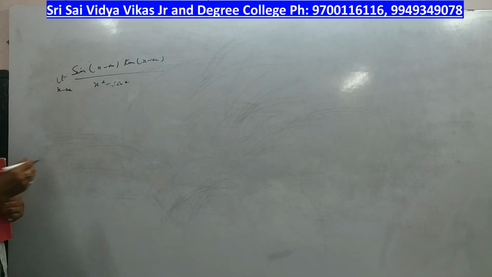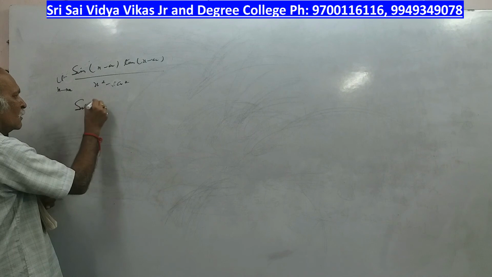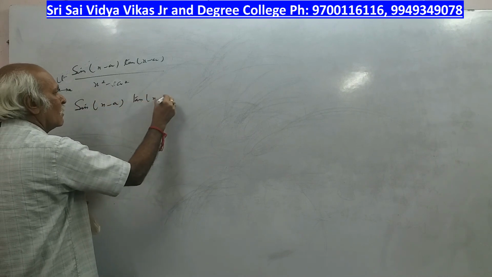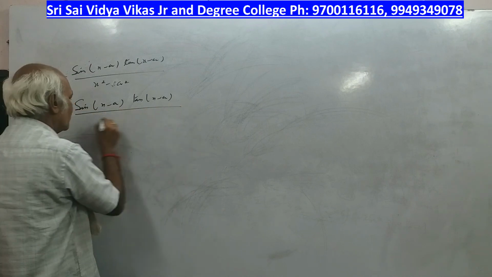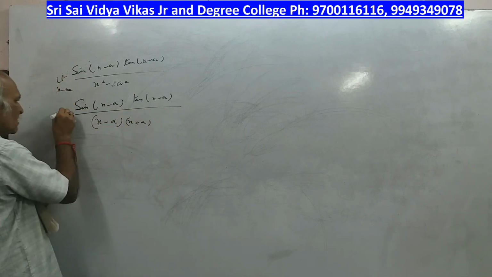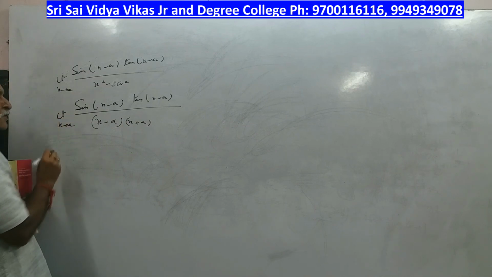X tends to a. Now what I am doing here, observe here. x square minus a square is x minus a into x plus a. X tends to a.